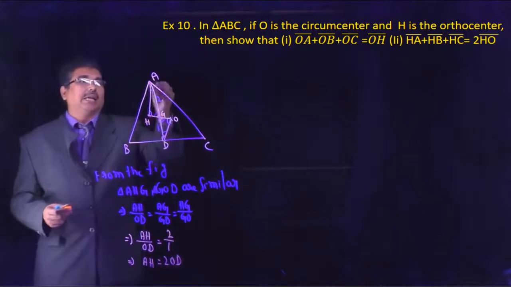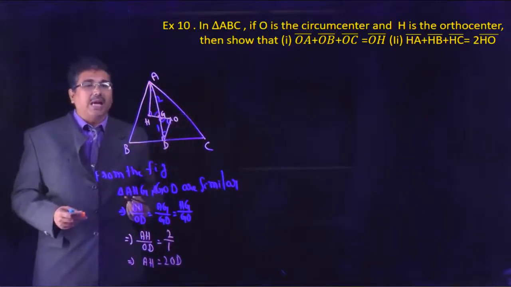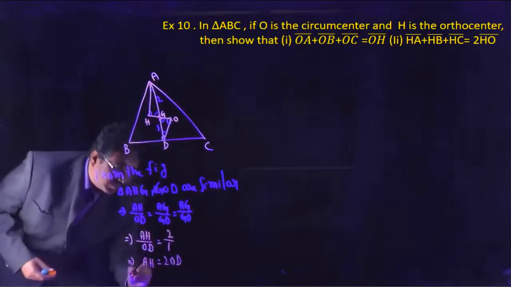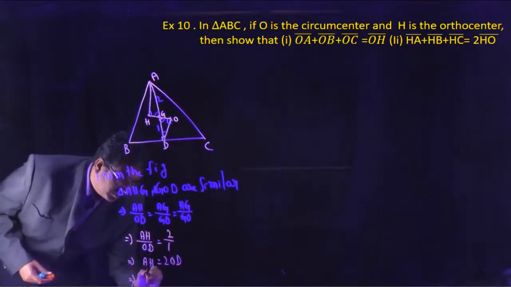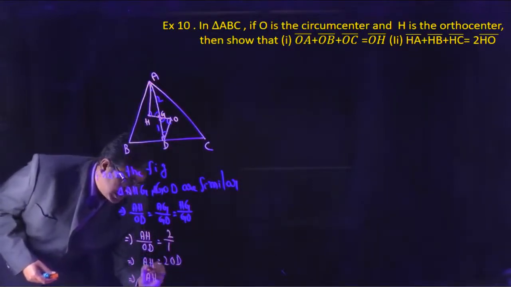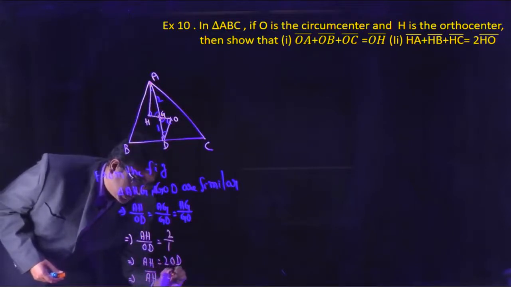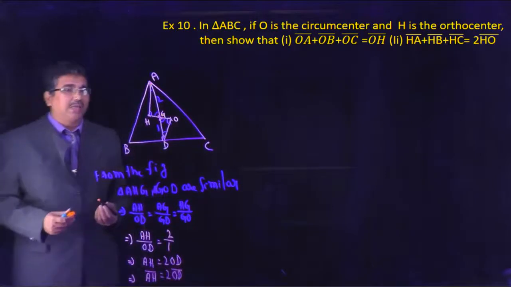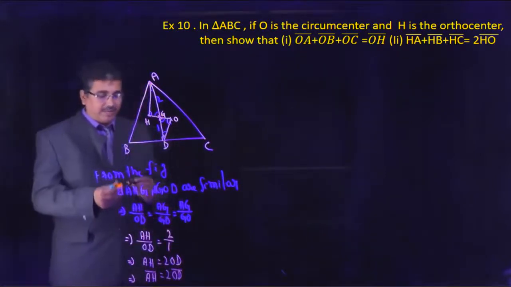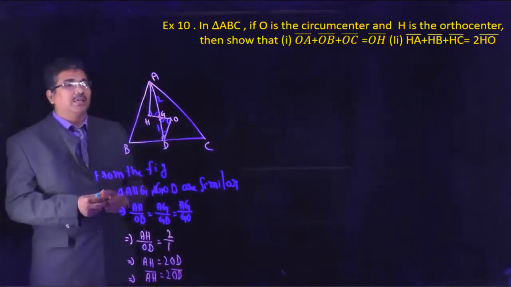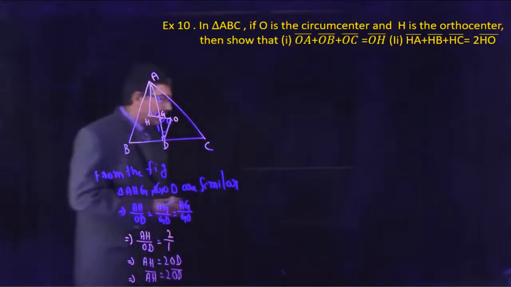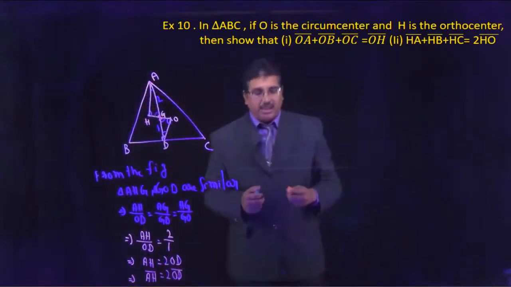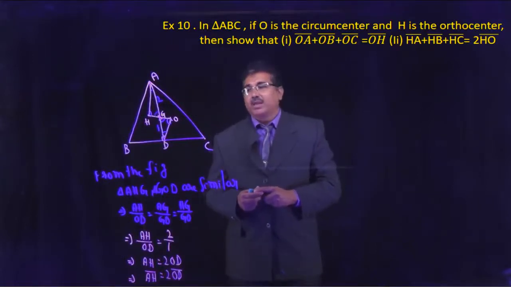Here AH and OD are in the same direction, so that AH bar is equal to 2 times OD bar, right? This is a very important relation for proving the two results, right?